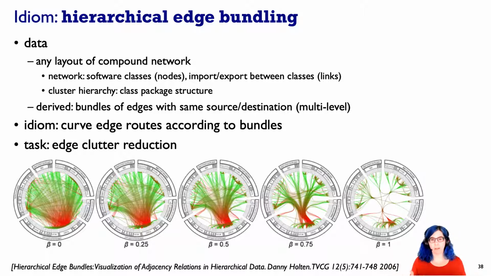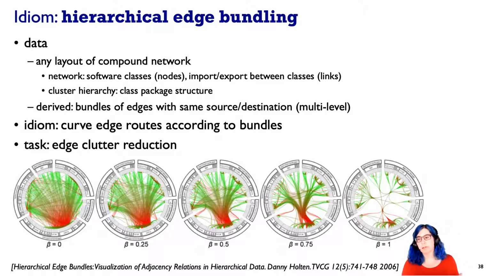We have derived bundles. We've said, let's keep track of where edges are going to the same spot. So we have source and destination similar, and we can gather them together, or at least find them, and then for a given node layout, we can reroute the edges to bring together those that have shared source and destinations. We can do this at different levels of aggressiveness. Think of this as how tightly we take a zip tie and tie a bundle of cables together.